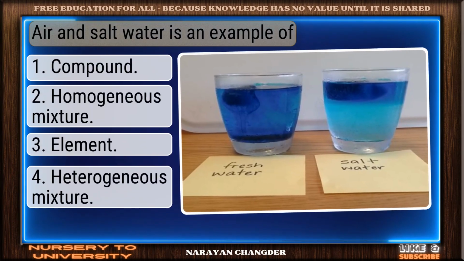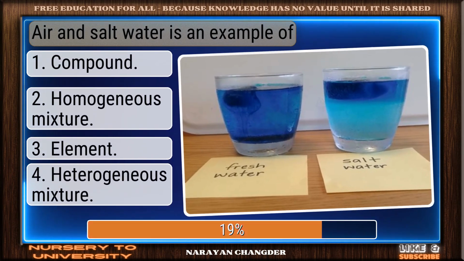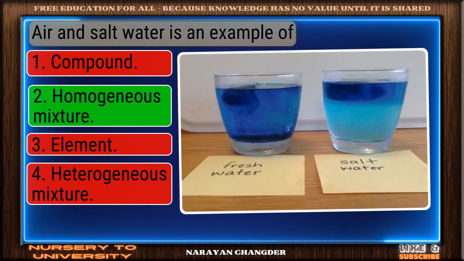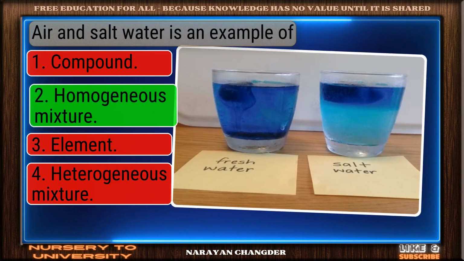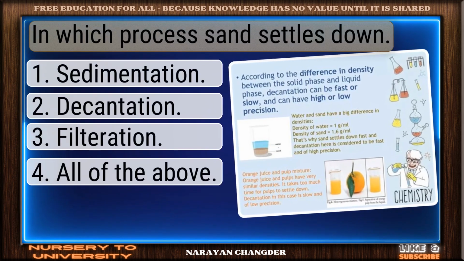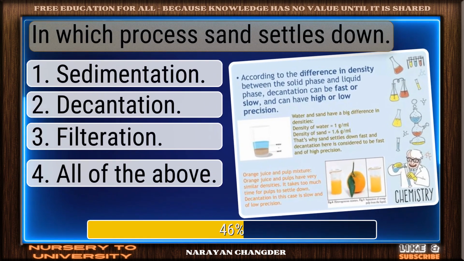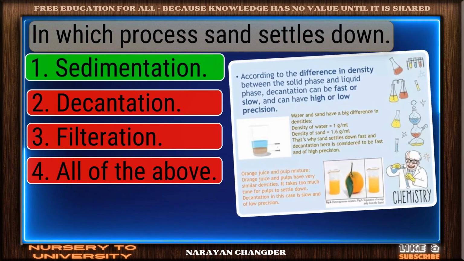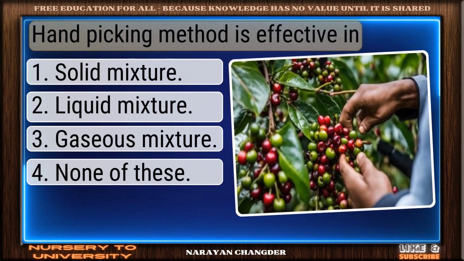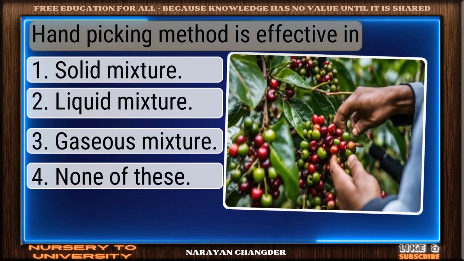Air and salt water is an example of. Nice selection. Homogeneous mixture is the correct and valid answer. In which process does sand settle down? Nicely done. Sedimentation is a solid answer. Hand picking method is effective in.